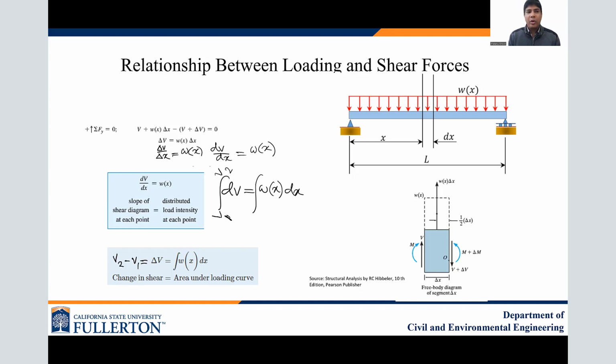Now our aim is to establish the relationships. To do that, we are going to apply our basic fundamental equilibrium equation: summation of Fy is equal to 0. If you see very carefully, from the left side, V is upward, positive; W times delta X is upward, positive; and on the right side, V plus delta V is going downward, so negative; and the sum is 0.